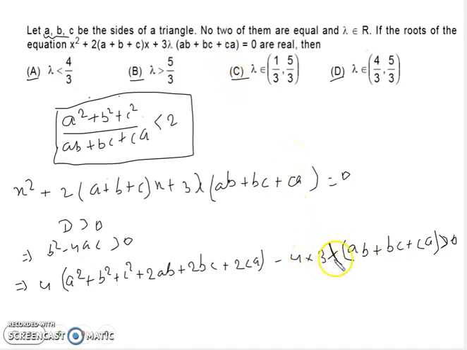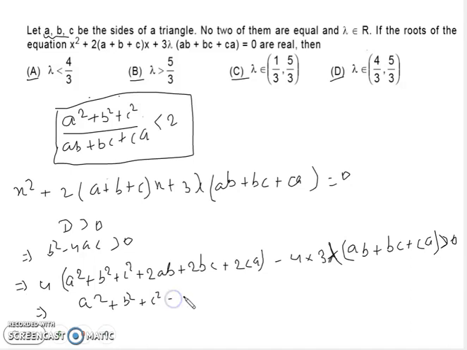Now we can take the common 4 from 2 term, and we can send it into the RHS, and it will become 0 by 4. So we can write the 0 also, and after solving we can write here a square plus b square plus c square minus 4ab.